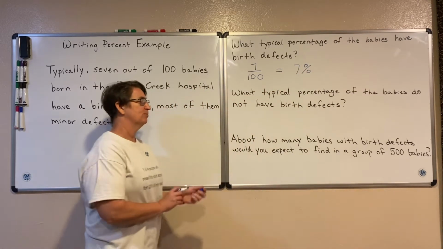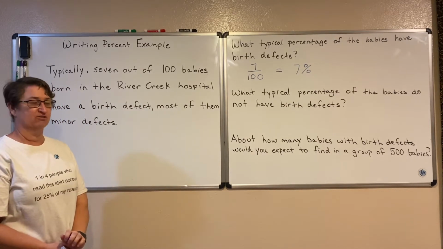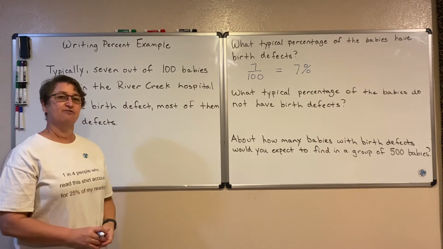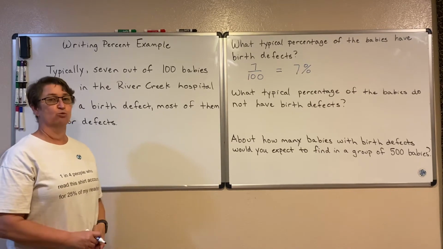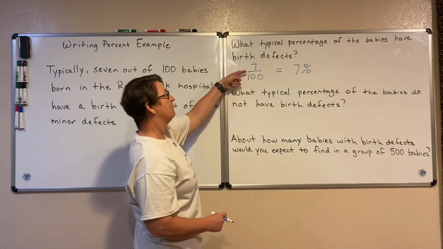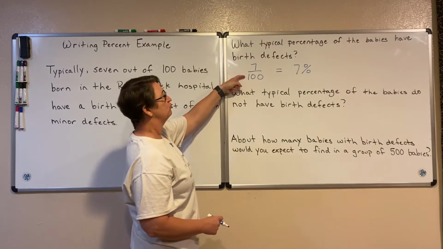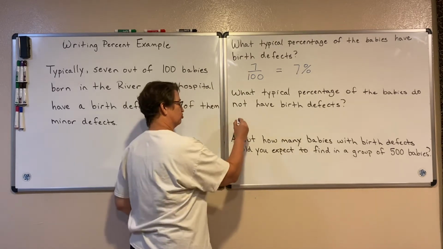Then it asks what typical percentage of the babies do not have birth defects. Well, if 7% of them have birth defects, the rest of them don't. Well, what do I mean, the rest of them? Well, it's 7 out of 100. So to find out the ones that don't, we will simply subtract.